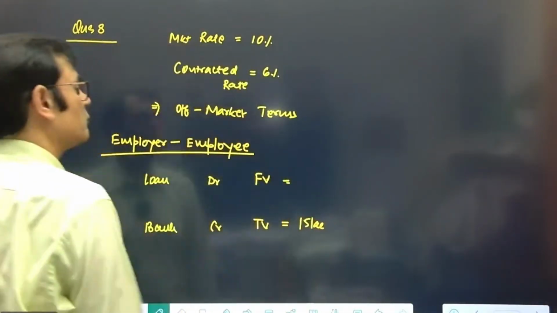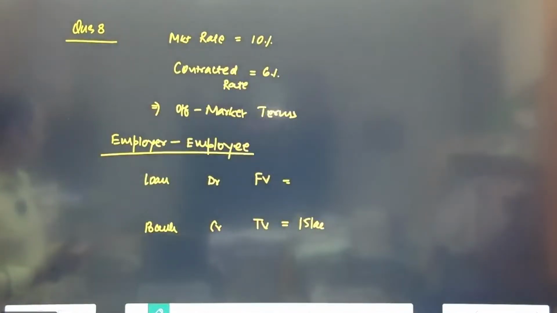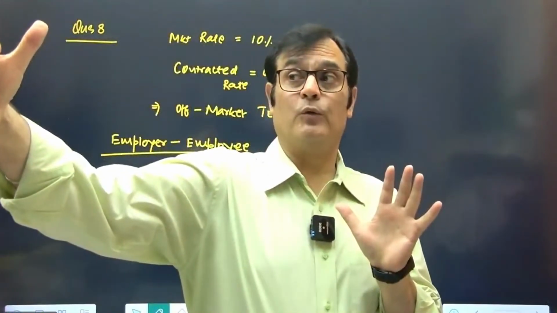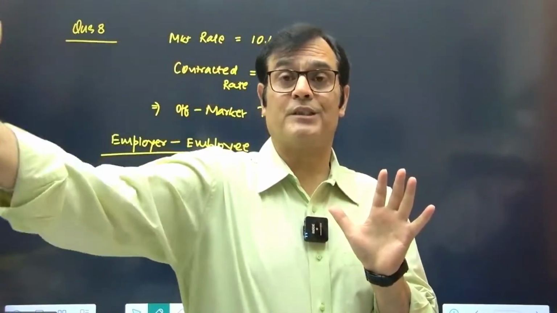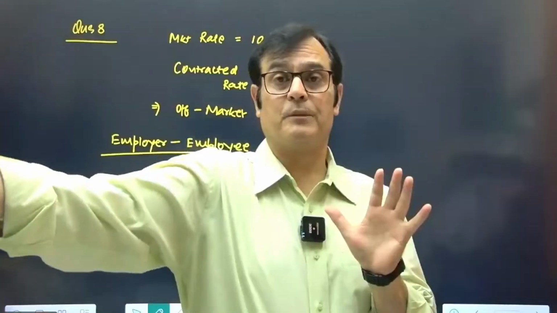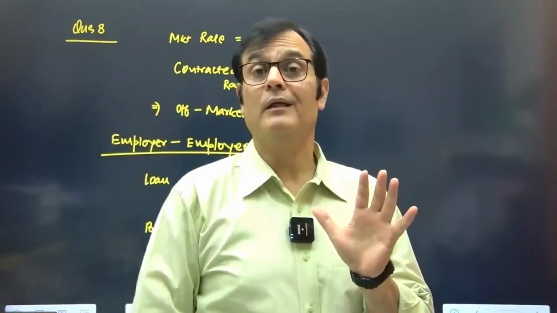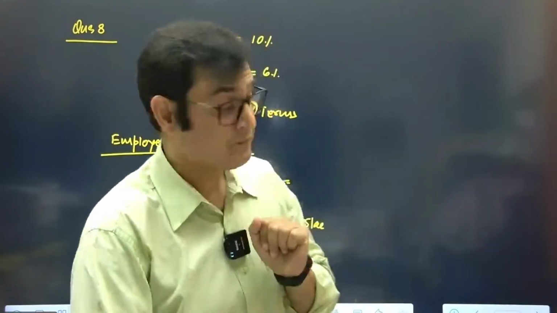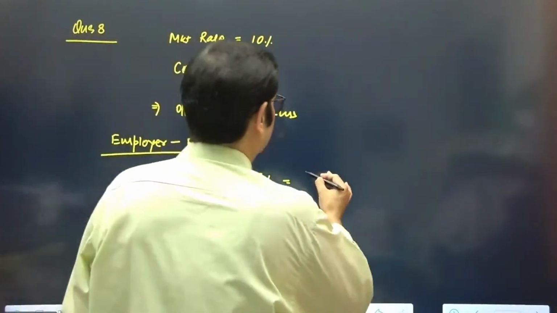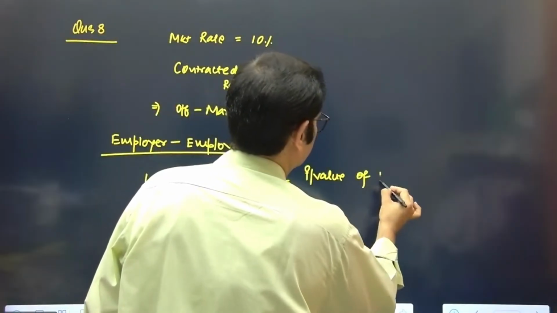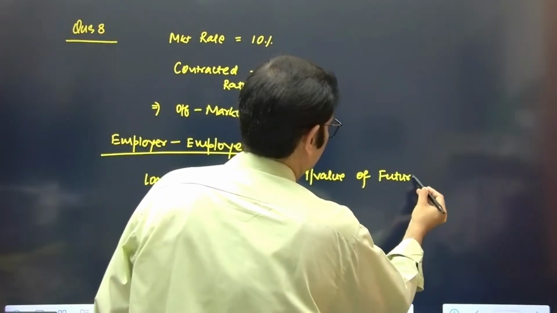The question arises, what is a fair value? That's, I think, what the question you had asked. The fair value is what? When the employer gave a loan, he is going to get the interest in the future. He's going to get the principal in the future. So the present value of all those interest and principal discounted at the benchmark rate, market rate 10%. So for this particular purpose, we will take the present value of future cash inflows.